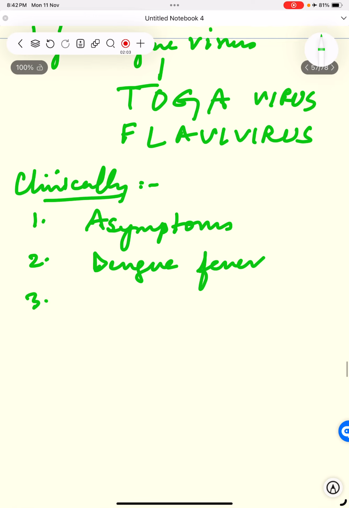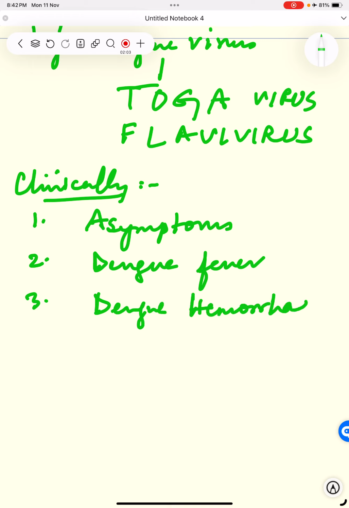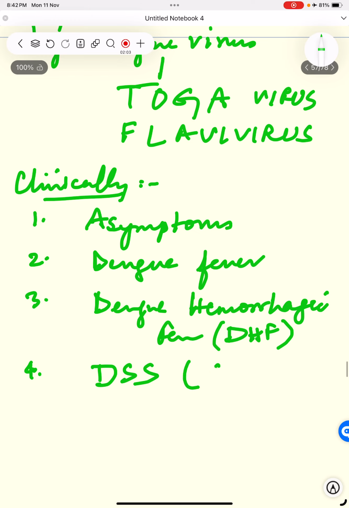Some patients can have dengue hemorrhagic fever, or they can come to you with dengue shock syndrome. So the patient is actually in the stage of shock.